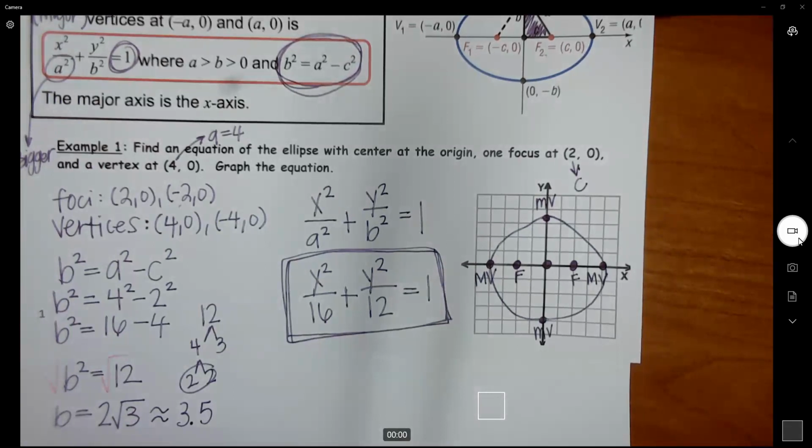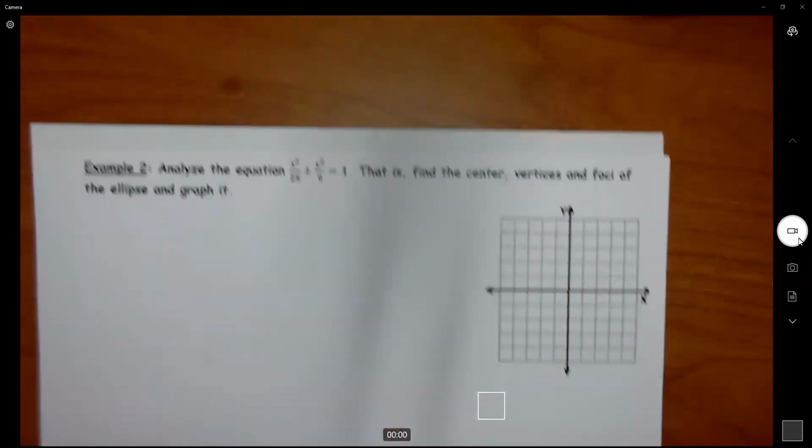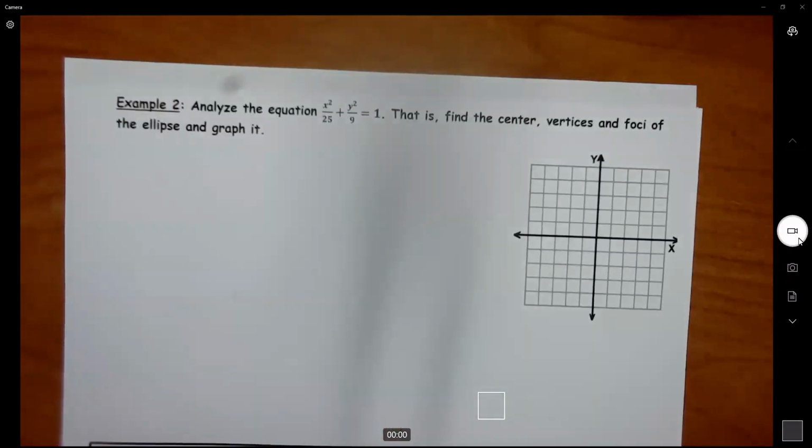We need to analyze the equation: x squared over 25 plus y squared over 9 equals 1. All right, so it says to find the center, the vertices, the foci of the ellipse, and graph it.